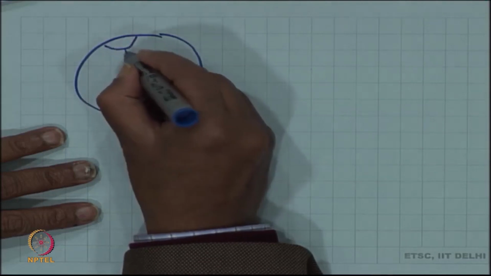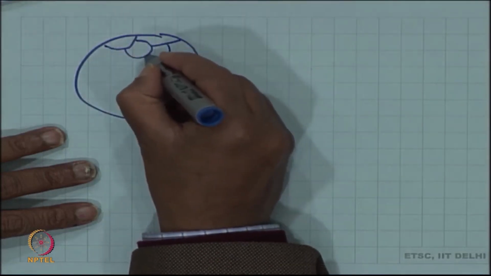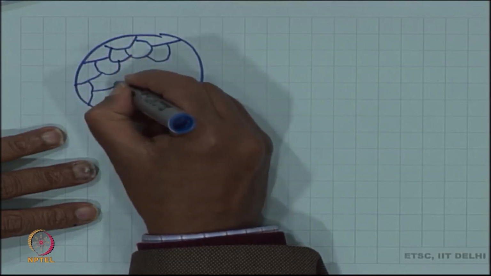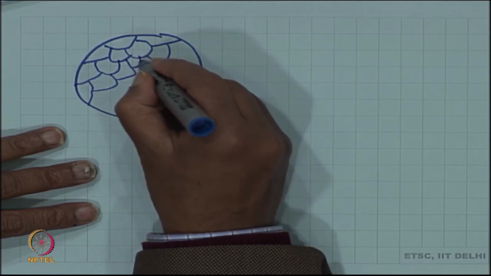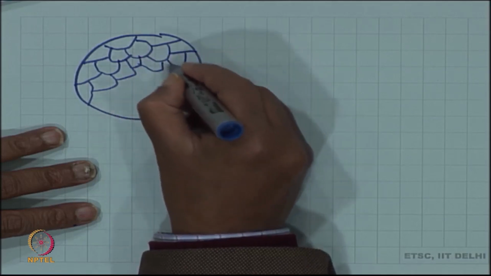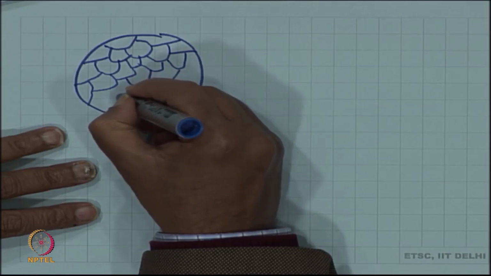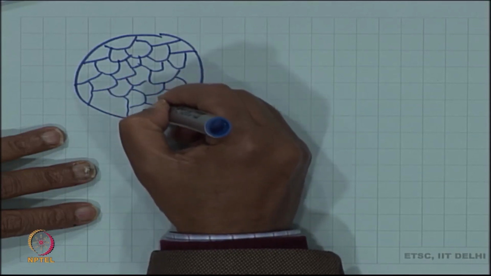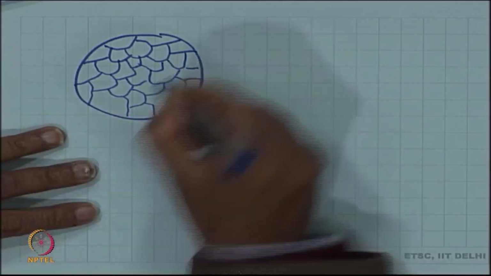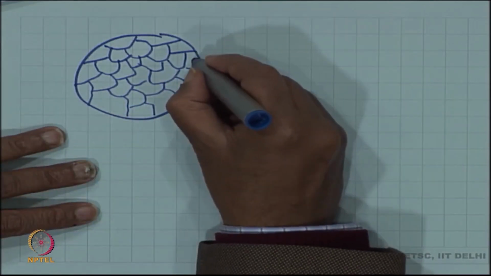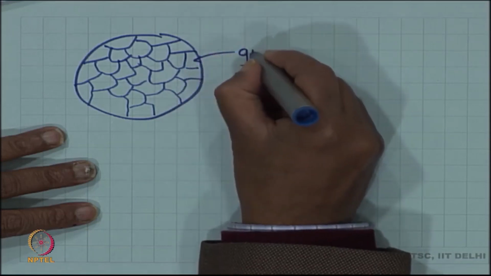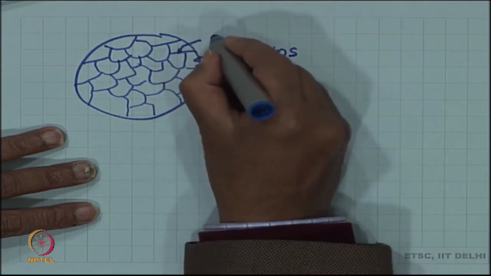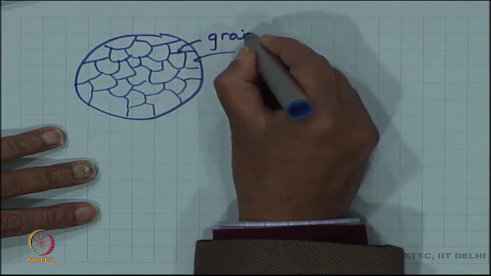So, we will then start seeing what was featureless before at the magnification of the naked eye. At higher magnification, it will now start showing certain features. These regions are called grains, and the lines are called grain boundaries.